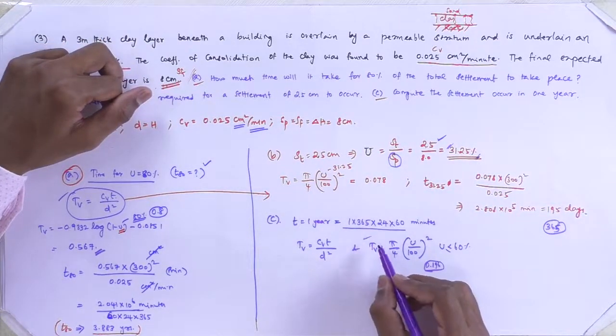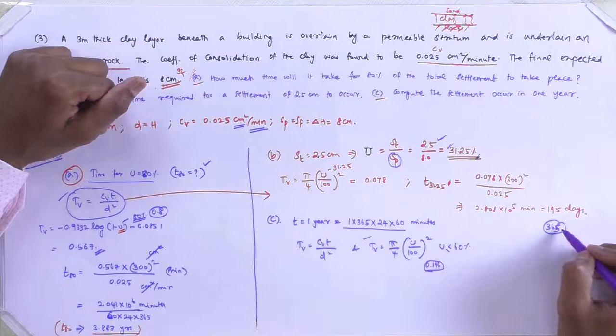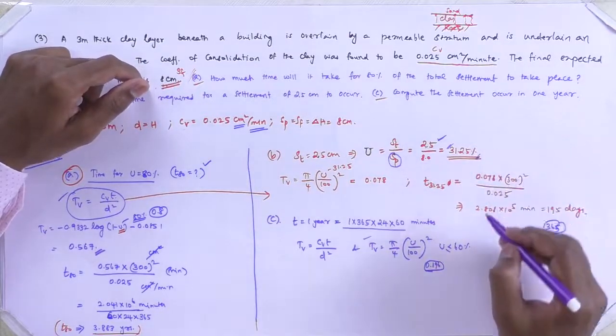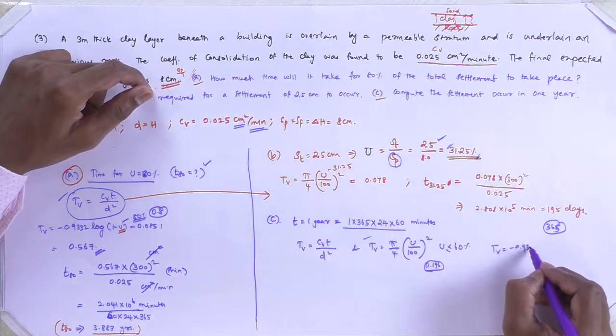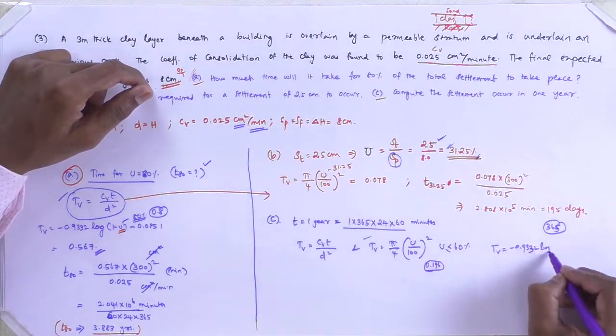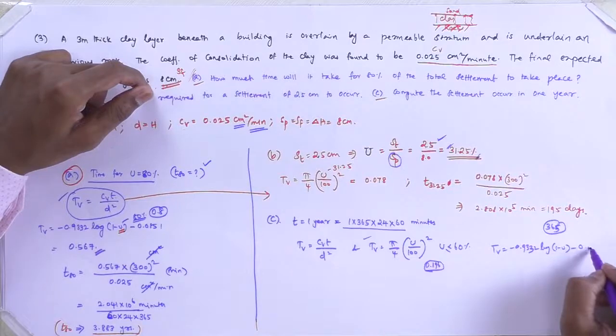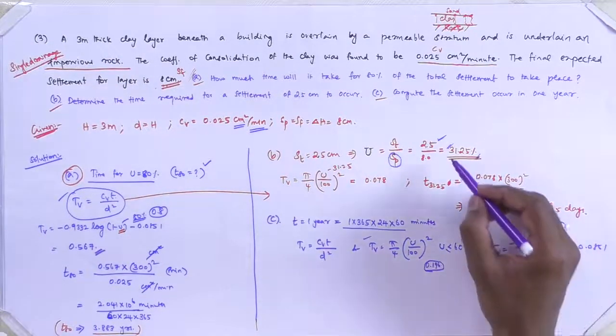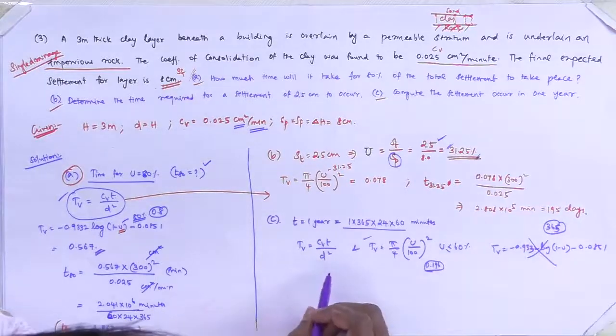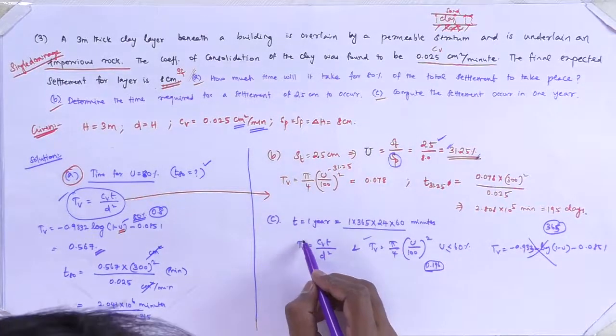If this 365 exceeds this percentage, you cannot use this formula. Instead you have to go for the formula 1.781 minus 0.933 log(100 minus U), or 0.9332 log(1 minus U) minus 0.0851. But this may not cross 50%, so no need of using this. So find the TV value respective to this time.